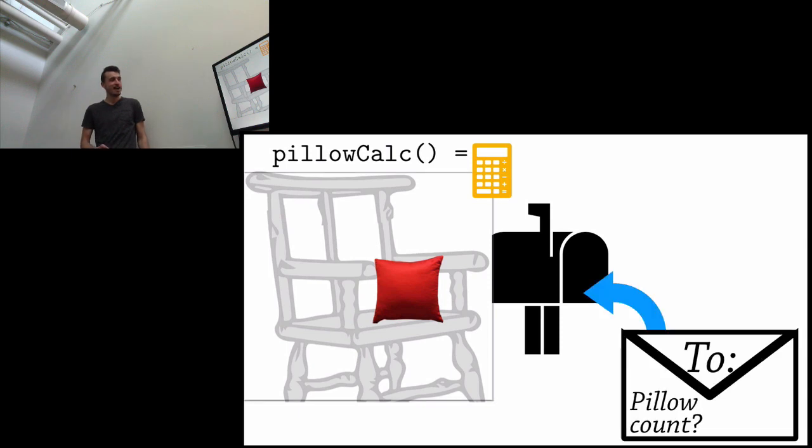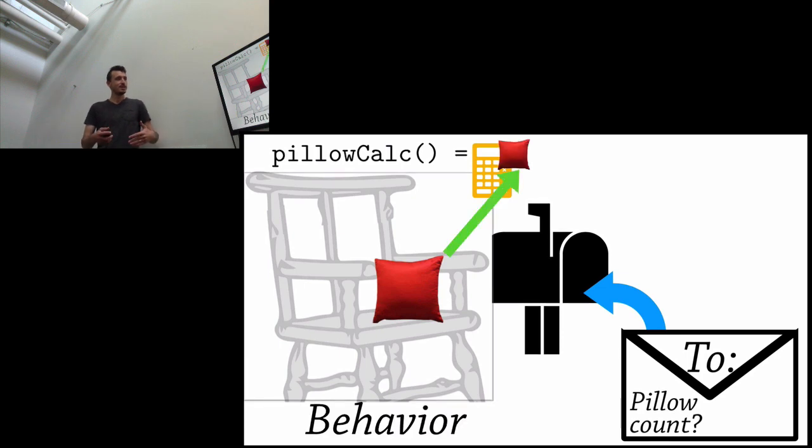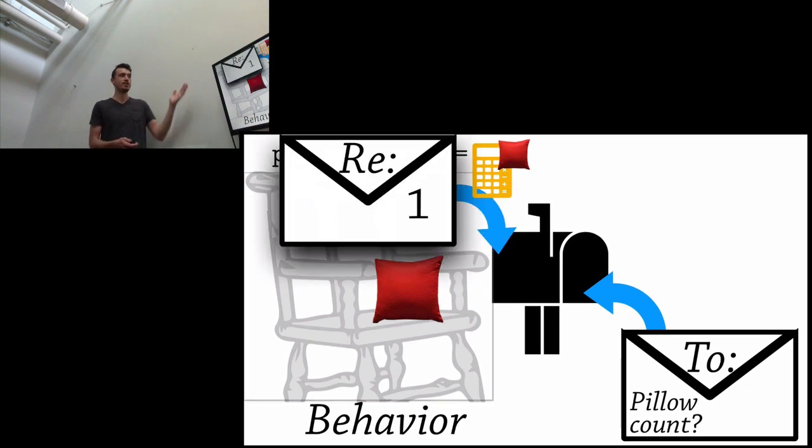And now I can ask it, how many pillows do you have? Well, what's going to happen? It's going to use its current state, which is the number of pillows that it has, and send it to the calculator. And the calculator is going to do something and return the number of pillows that it has. So 1 in this example, and then 1 is going to be the result.